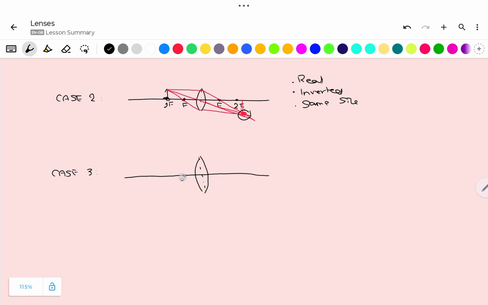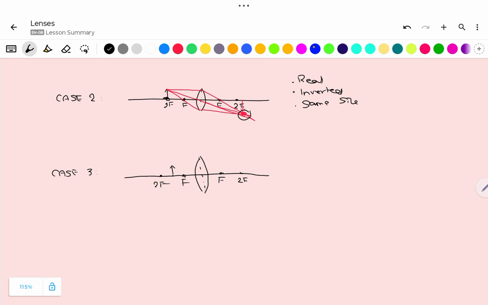Focus left, focus right, 2f left, 2f right. I think not using a ruler is really affecting my drawing. Okay. In case 3, we're going to get a bit closer, so we're going to put it between f and 2f. Okay?